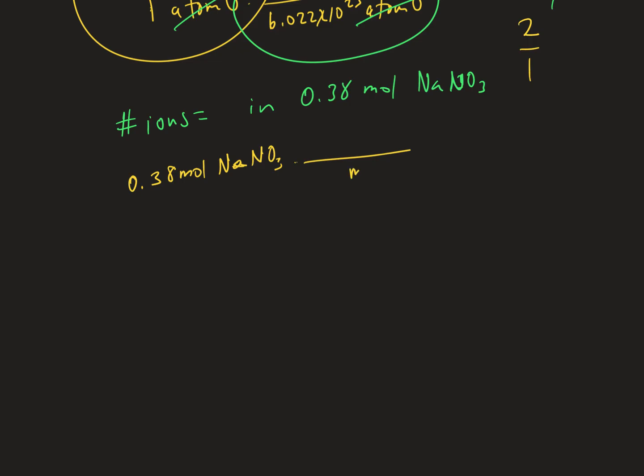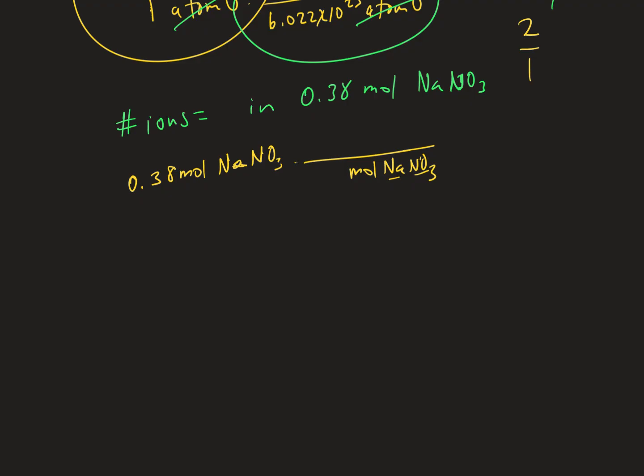So moles of NaNO3 go on bottom so that they cancel. And what's the particles of NaNO3 called? Are they called ions? They're not. What are they called? Formula units. Because this is an ionic compound, right?